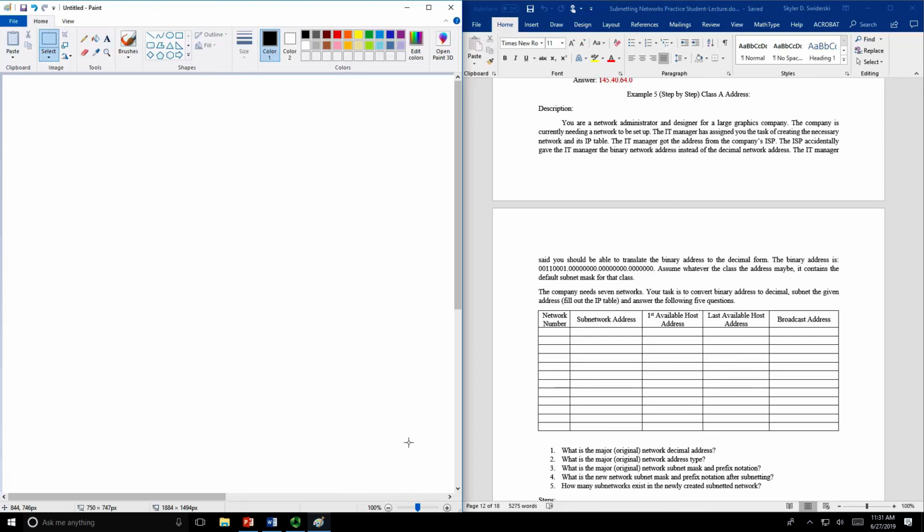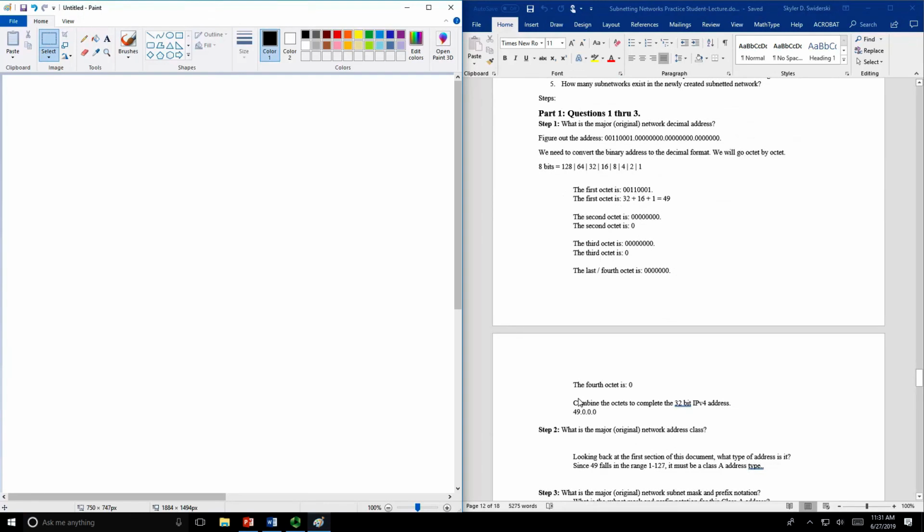In this case, the company needs 7 networks. Your task is to convert the binary address to decimal, subnet the address by filling out the IP table, and answer the following 5 questions. So again, before we can do any of the subnetting part, we have to convert the binary address to the decimal address.